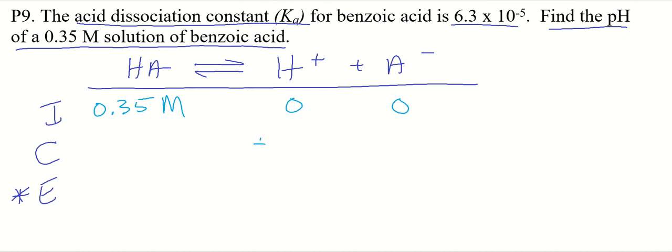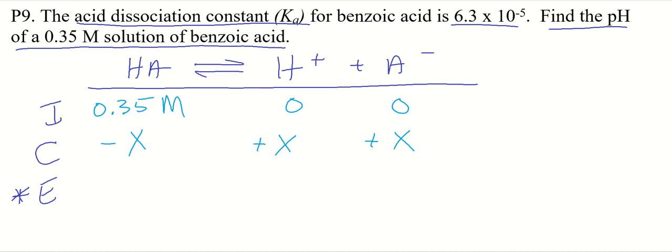We're going to represent the change in concentration of the products as X, and because of the mole ratios, these are all 1:1:1 mole ratios. The change in the concentration of the conjugate base is also X, and because it's using the reactants to make the products, the change in the concentration of the weak acid is also X, but negative.